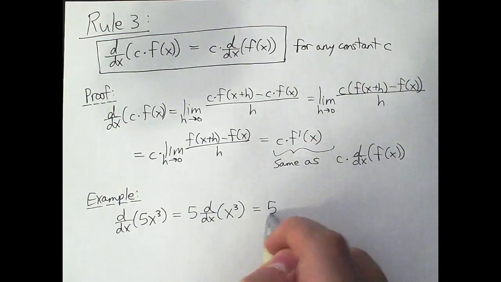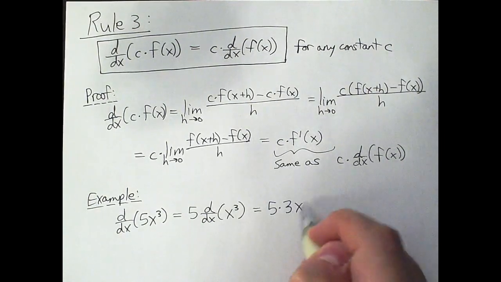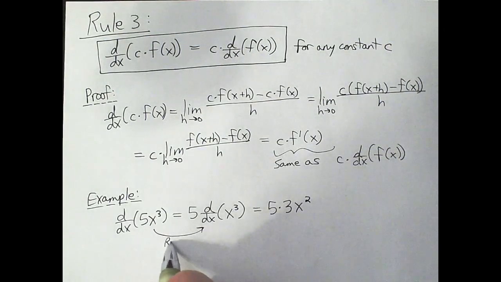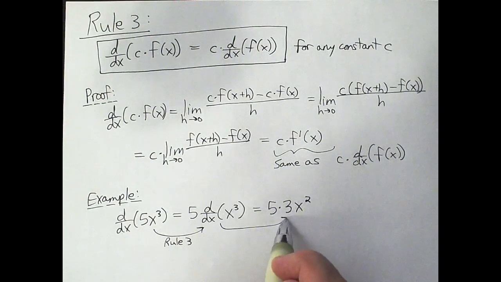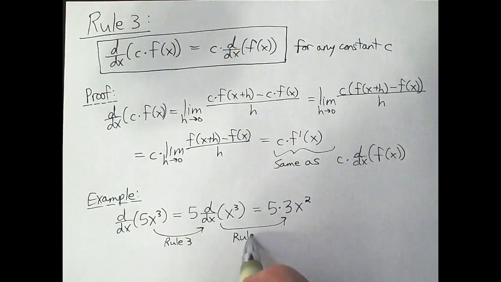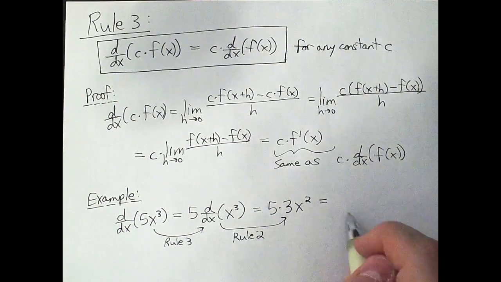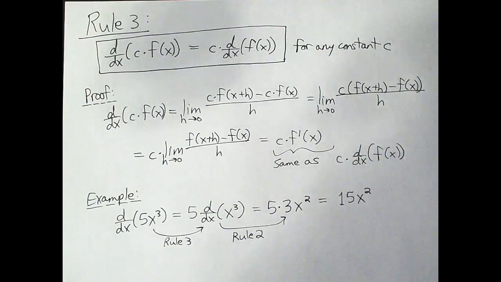We have a 5 out front, and now according to rule 2, this is going to be 3x squared. So this is rule 3, and then this is rule 2. And finally, we should do 5 times 3. 5 times 3 is 15. You get 15x squared as the final answer.